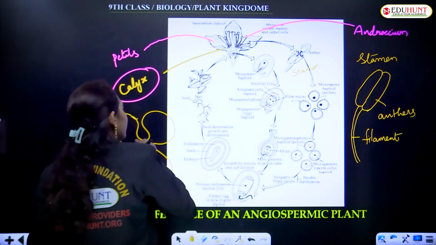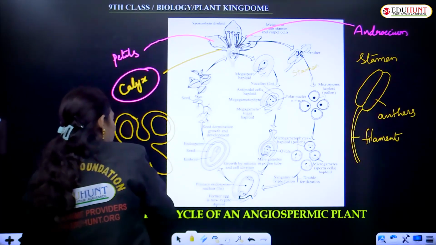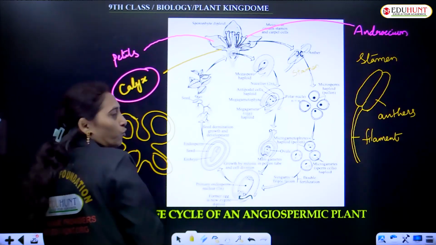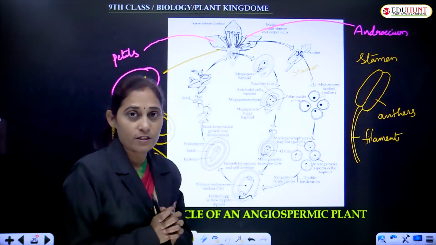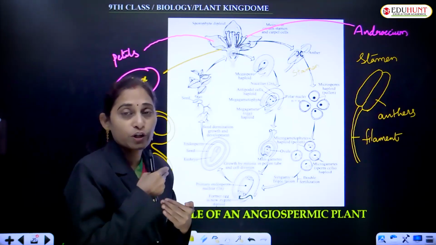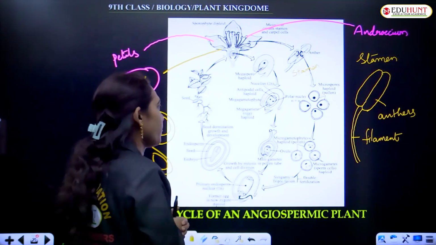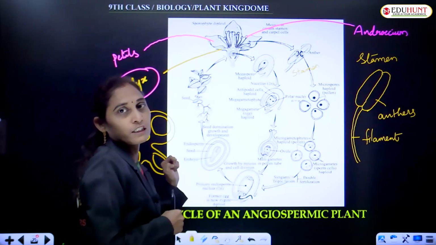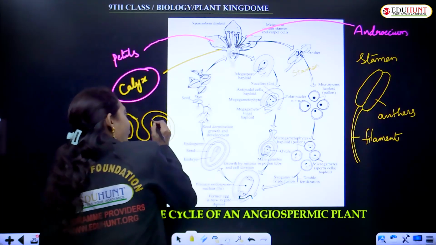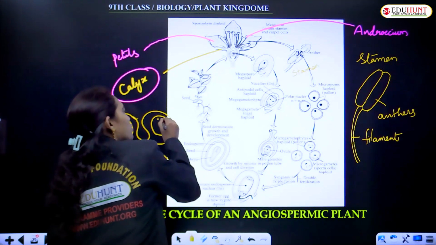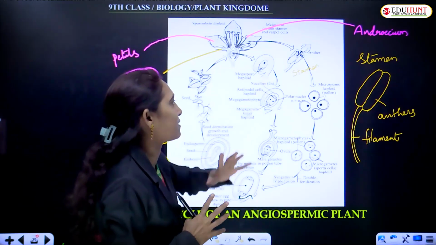In that anther, there is sporogenous tissue. Sporogenous tissue is nothing but spore producing tissue. This sporogenous tissue has the microspore mother cells.